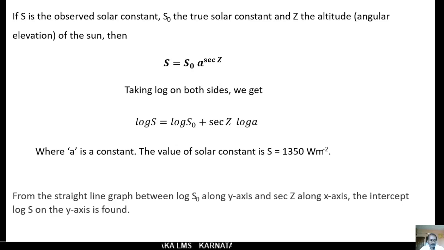The intercept on the y-axis gives log S naught. From the value of log S naught, the value of S naught, the solar constant, can be calculated. The value obtained varies between 1.90 and 2.60 calories per square centimeter per minute.